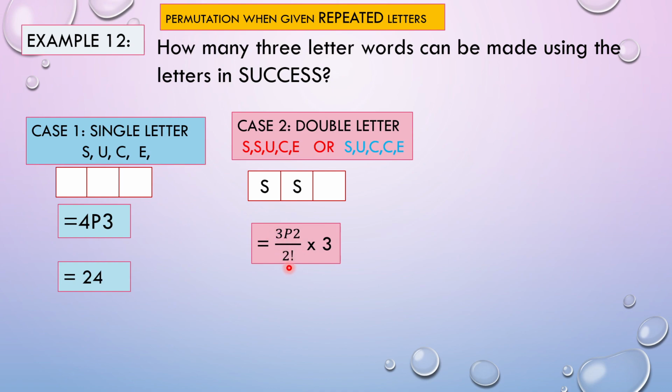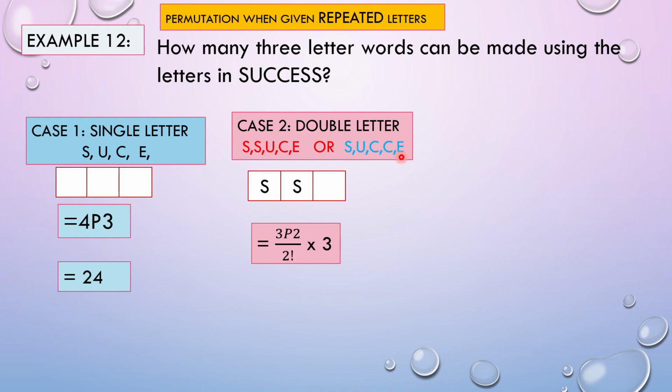Why divide by 2 factorial? Because the letter S appears twice. Now the empty box will be filled with letters other than S. That will be U, C and E. So we have 3 options here, so times 3. Same thing will happen to the second set of letters, that is S, U, C, C, E.